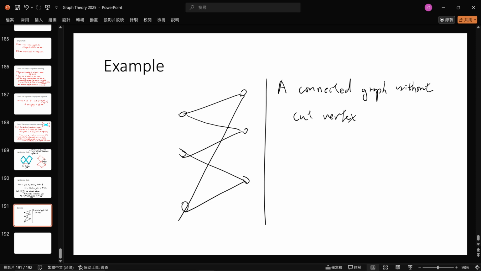A cut vertex is a vertex such that if you remove the vertex and its incident edges, then the graph becomes disconnected.